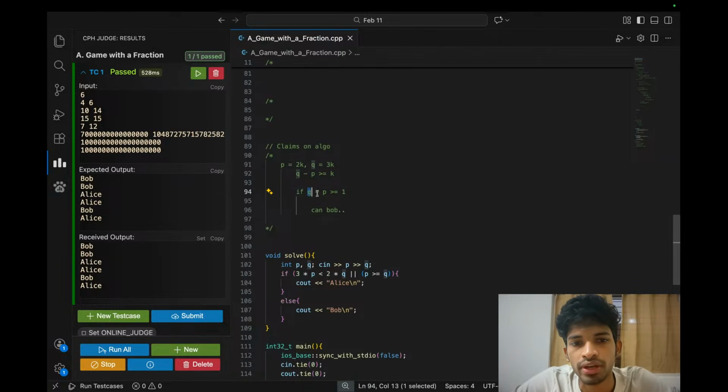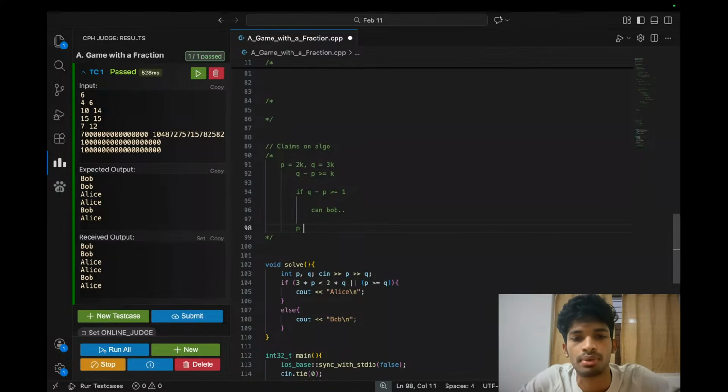There reaches a point where, if Bob keeps on doing it, P becomes 2.